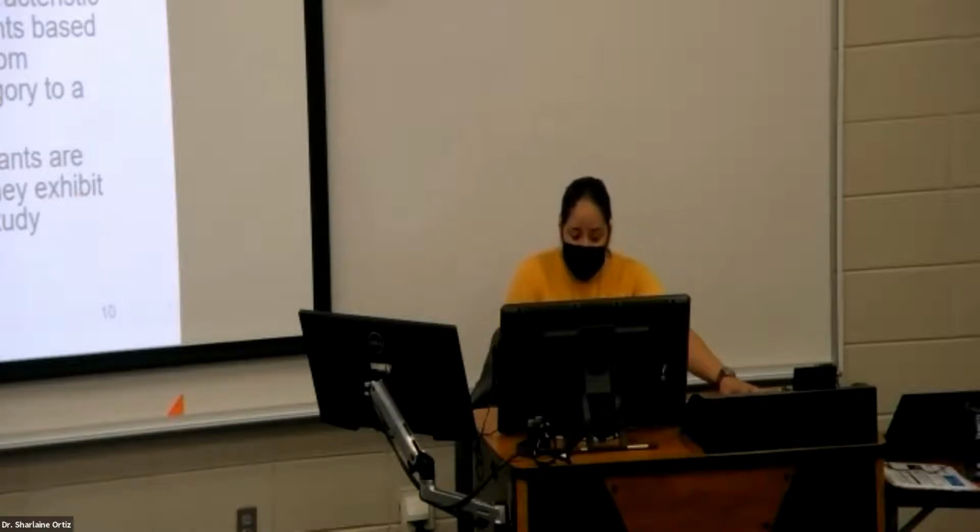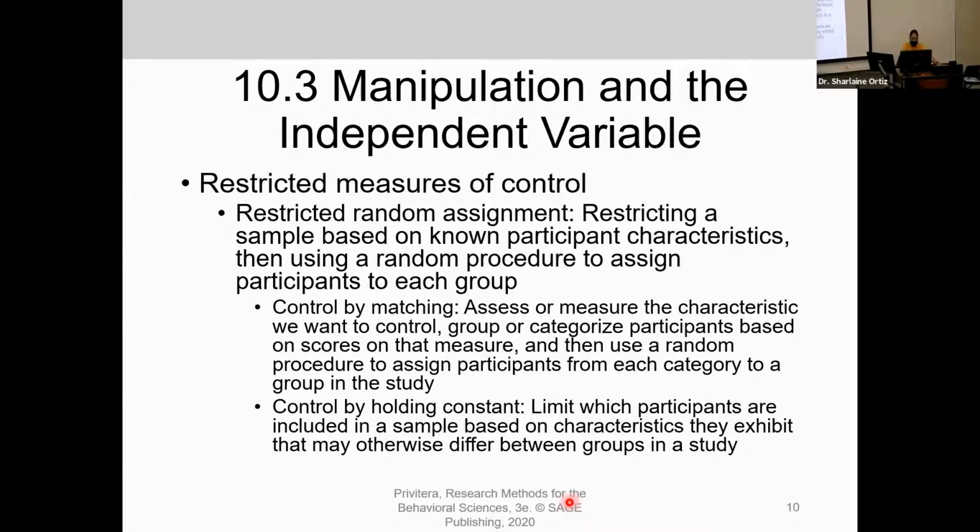Now, another aspect that we can engage in is control by holding constant. Notice that in this specific case, we're trying to exclude participants who may exhibit characteristics that may otherwise be different between these groups.